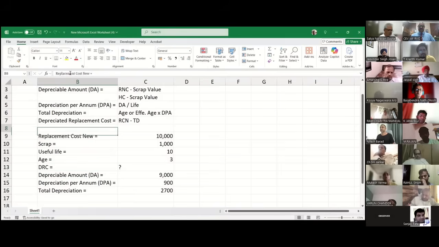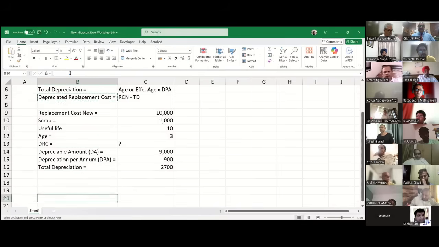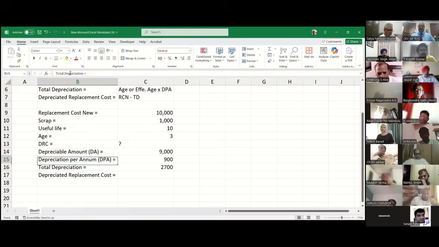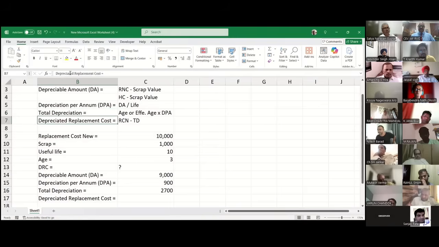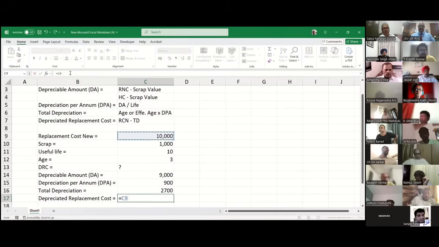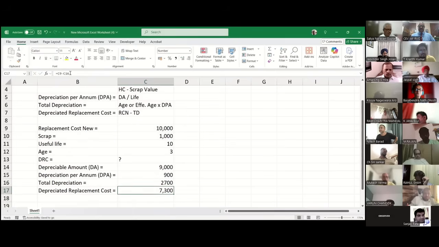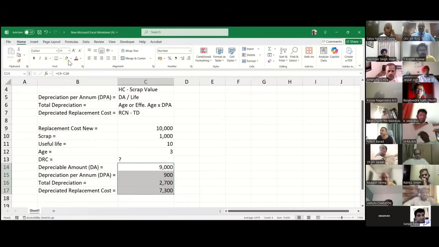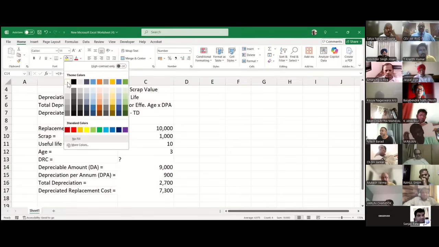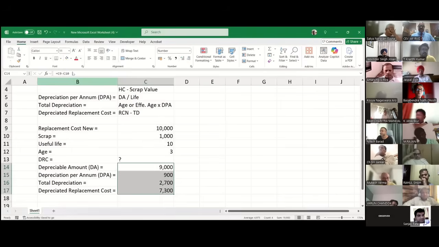What will be the DRC? Replacement cost 10,000 minus 2,700, which is 7,300. Okay. Any doubt? Any question?